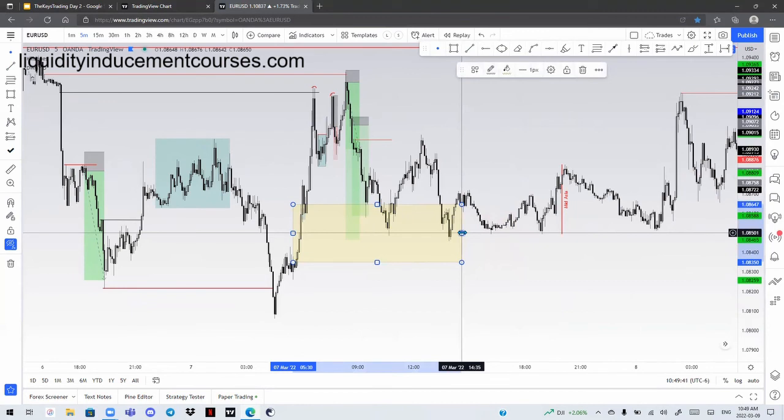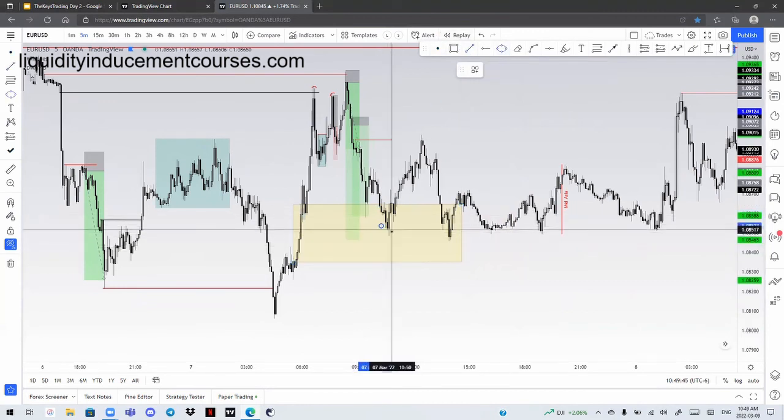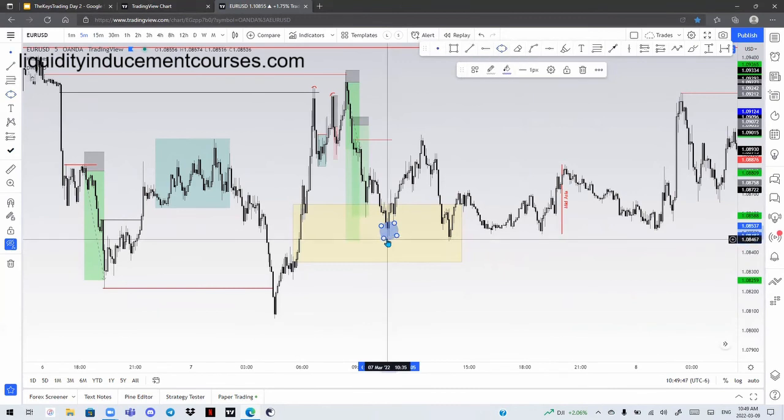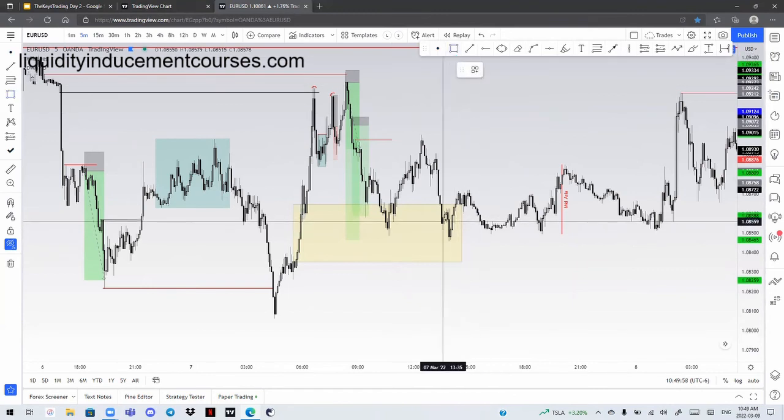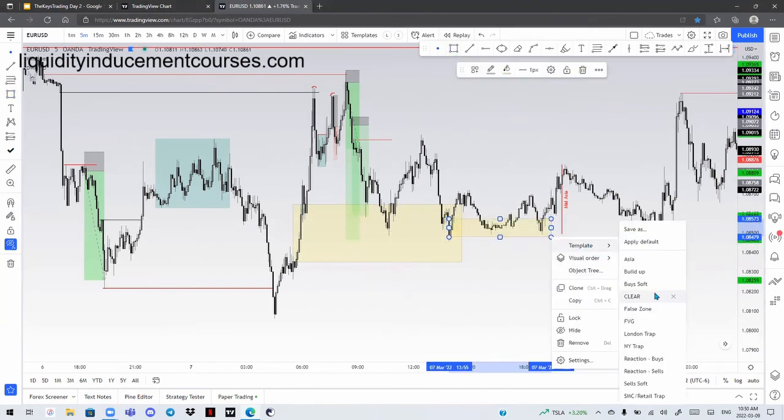This line is a 50%. So that means this is liquidity because the candle never closed there, only the wick. And this is the real entry. So whenever this forms, you can take entries around this area.